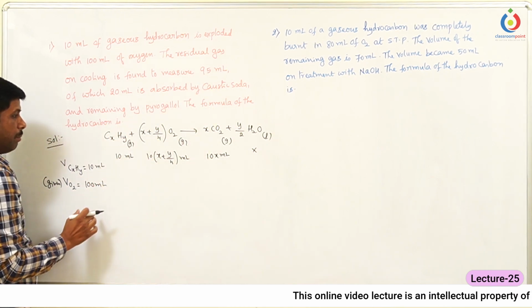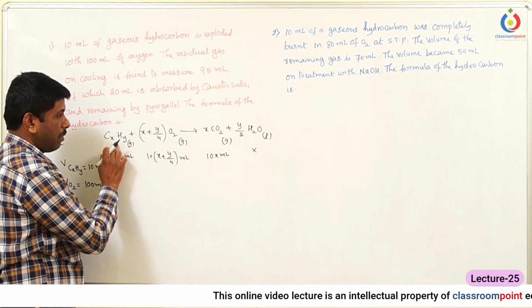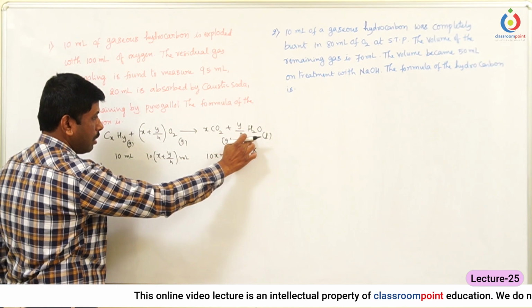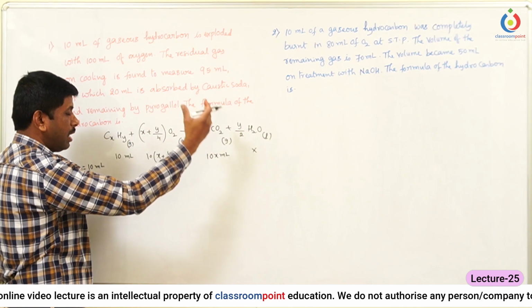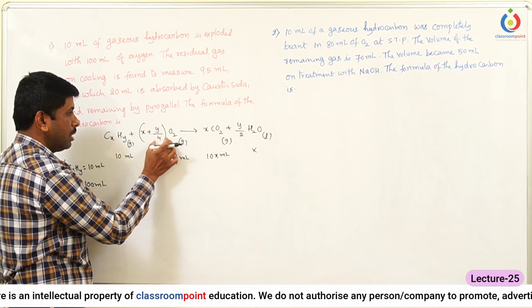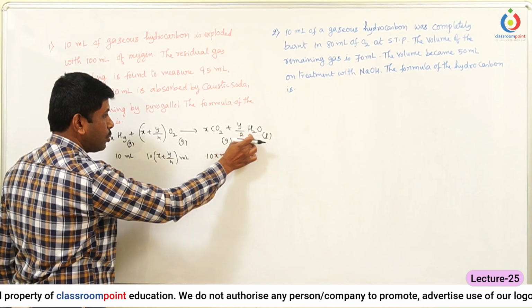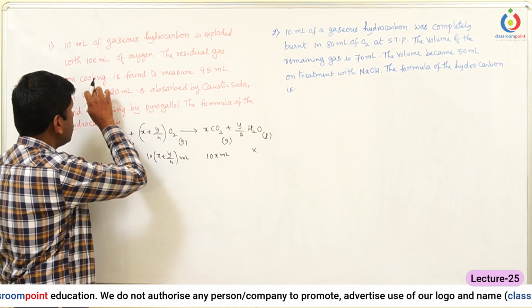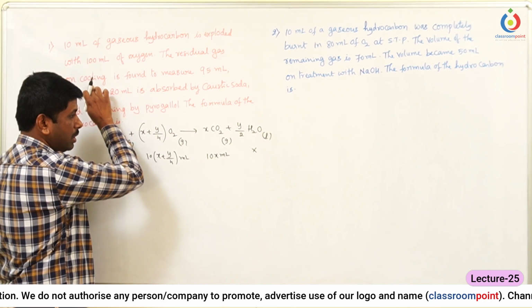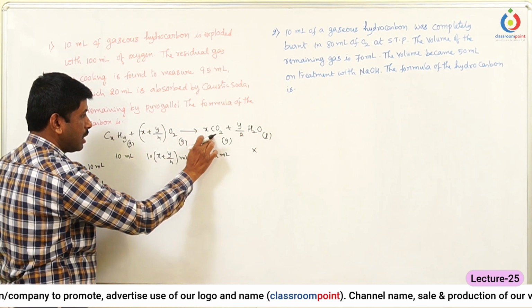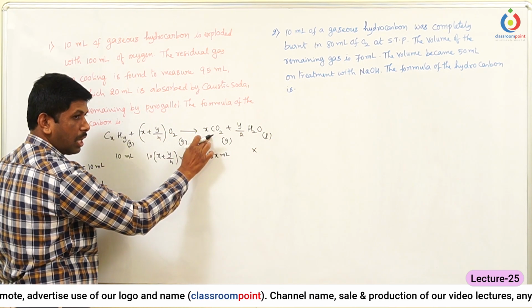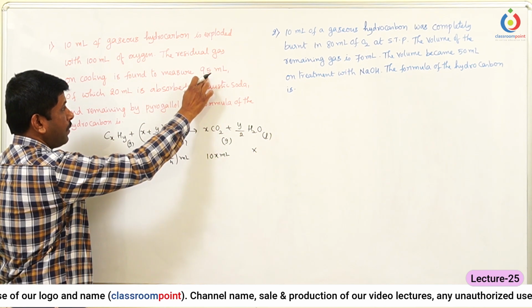So after complete combustion, hydrocarbon is converted into the carbon dioxide and the H2O, and there shall be some amount of the oxygen. So the final gaseous mixture contains oxygen, carbon dioxide and H2O in the gaseous state. But they said they cooled the composition, so that H2O volume we don't consider it. So the final gaseous mixture contains only oxygen and carbon dioxide, that is 95 ml.